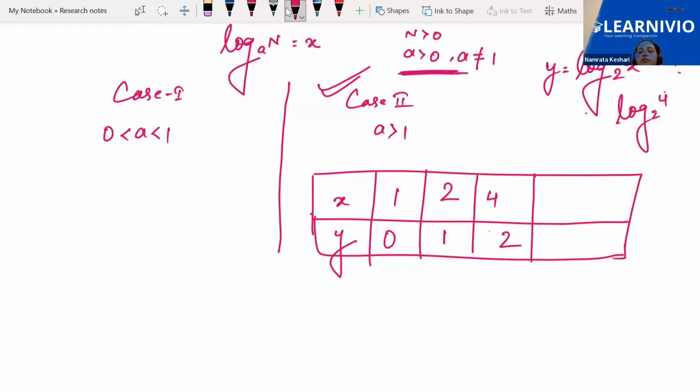If we take 8, then the output will be 3. Yes. Let's make the graph.